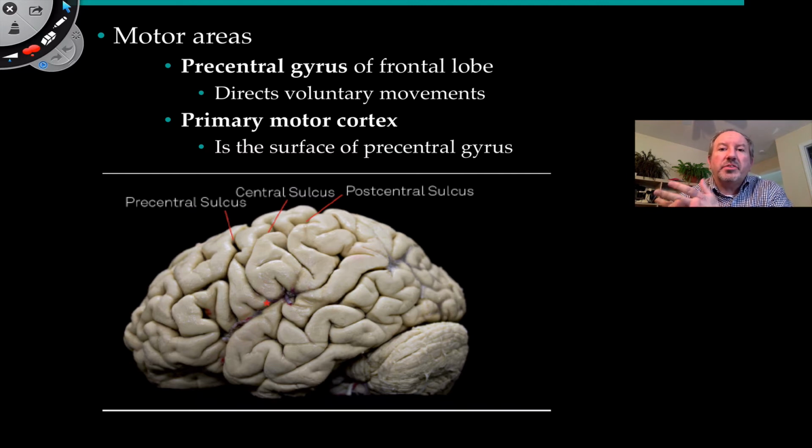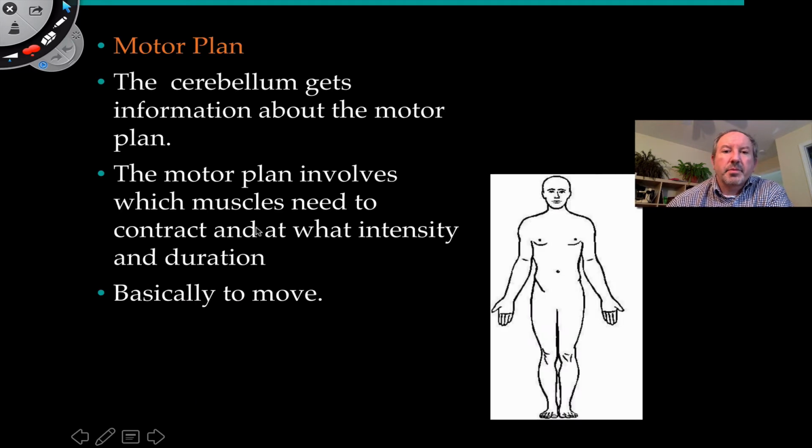In other words, the decision making of to move your arm or to kick a ball or to move a finger. Okay, so this is known as the primary motor cortex region, right up in this area, right in here. Okay, right where I'm pointing with the cursor. So precentral gyrus. Okay, now this is what I'm going to simply refer to as a motor plan, a decision to move a particular muscle.